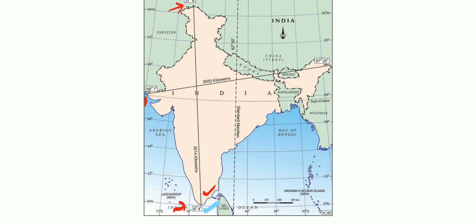And the westernmost is here, 68 degrees 7 minutes east, and easternmost is here, 97 degree 25 minutes east. So you may mark like this. And when we give location of India, you can give all these values to locate India.